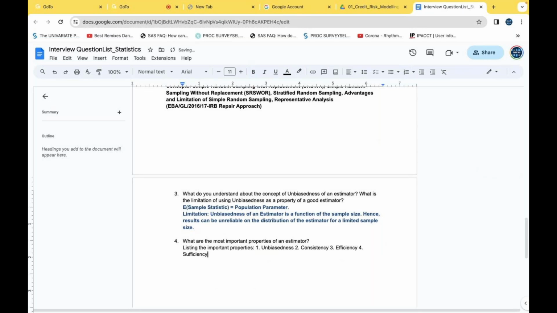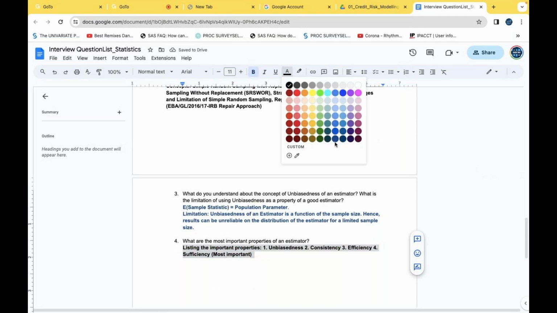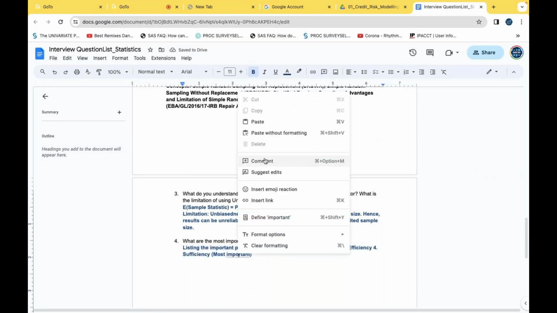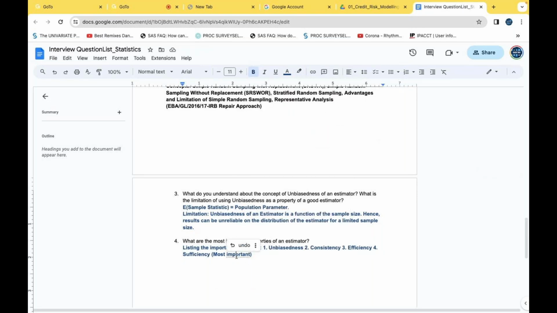Tanmay, yeah, tell me. Okay. So, Tanmay, for an estimator to be a good estimator, the four properties should be satisfied, right? But the idea is like this: you may have an estimator which is a biased estimator.